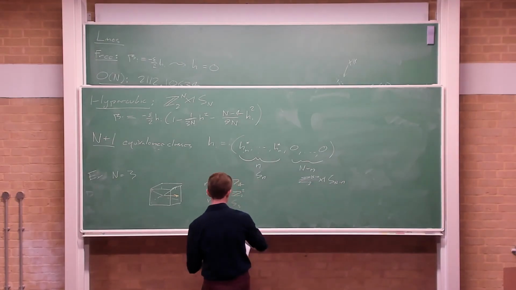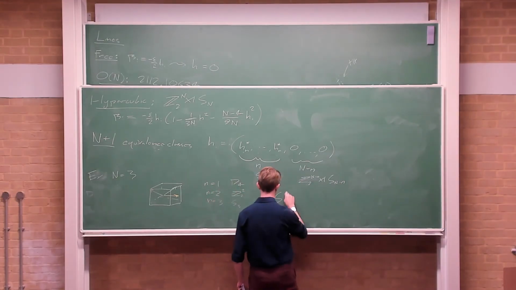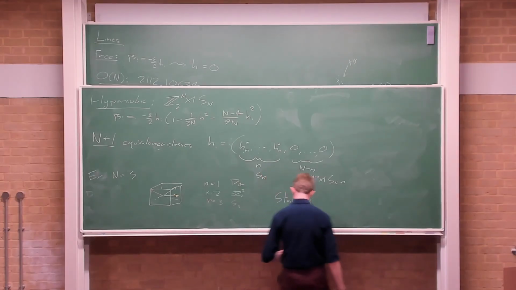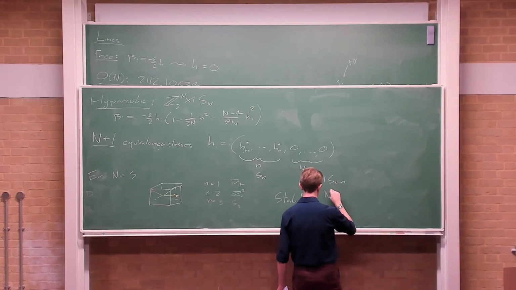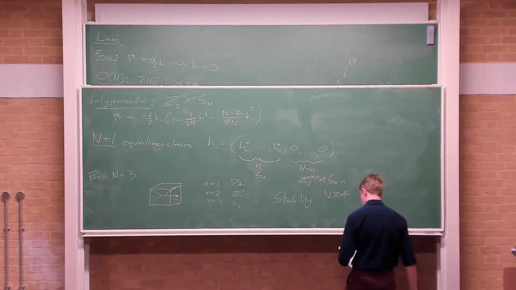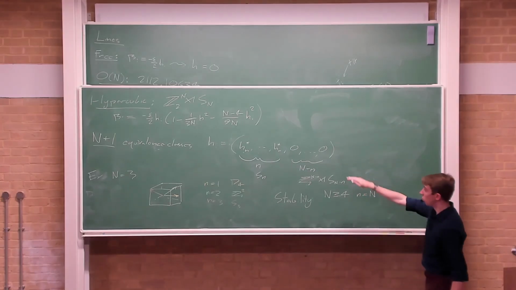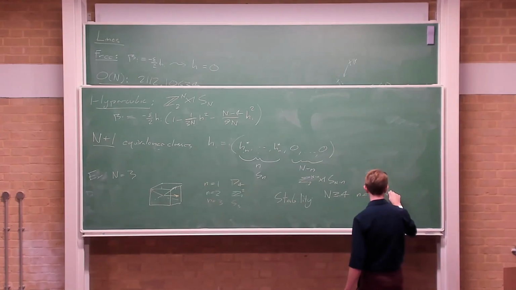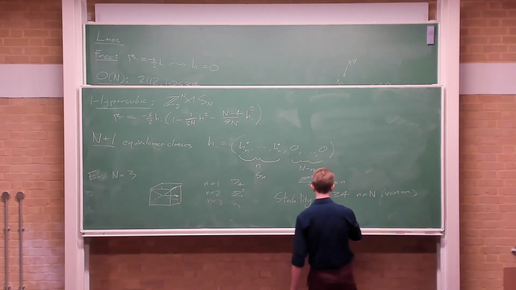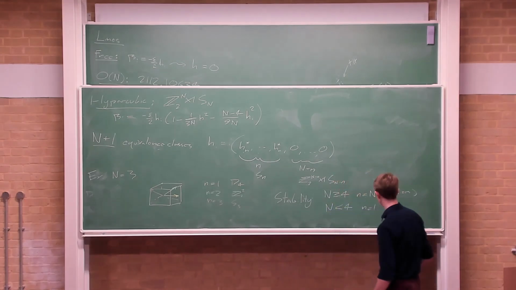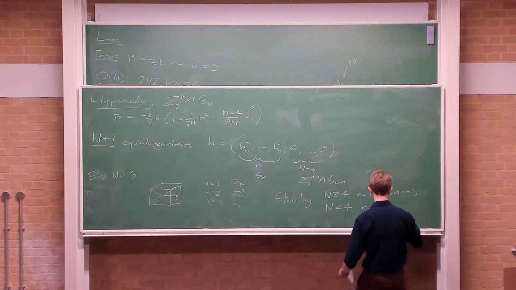And one finds that for n bigger than or equal to 4, the most stable point will be the one where we turn on all of the couplings. So this will be the vertices. But then for n less than 4, the most stable one will be the one where we only turn one of them on, so the faces.